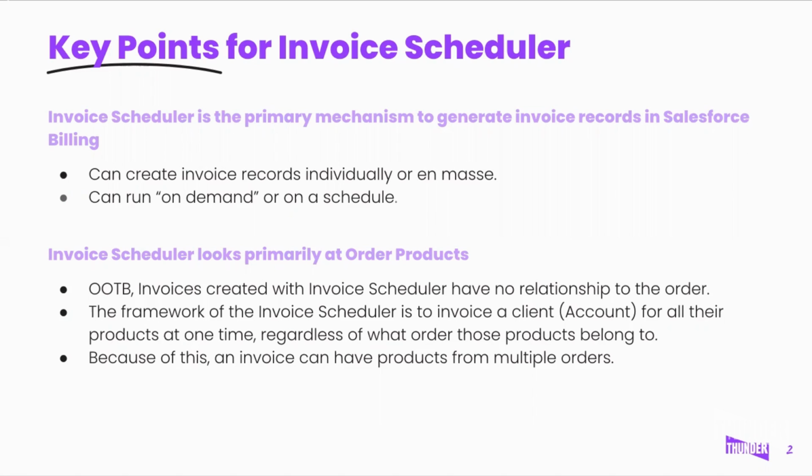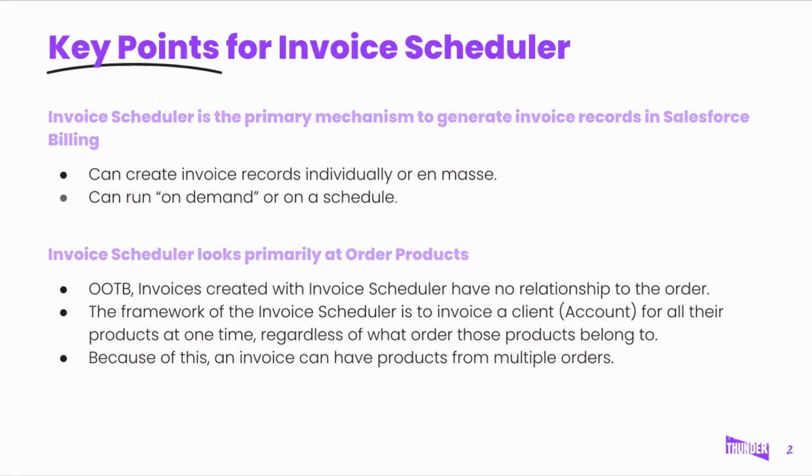That's because the framework of Invoice Scheduler is to invoice a client for all their order products when these order products are eligible to be invoiced, regardless of whether they're on the same order. Invoice Scheduler looks at the order products and asks, are these available to be invoiced? If so, grab them all for each account, put them on an invoice, and create an invoice line for that.